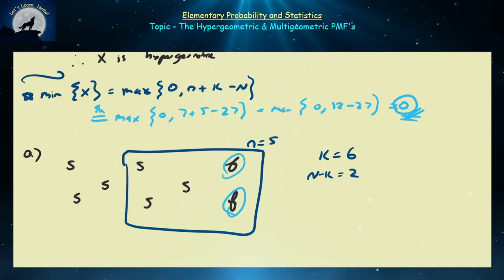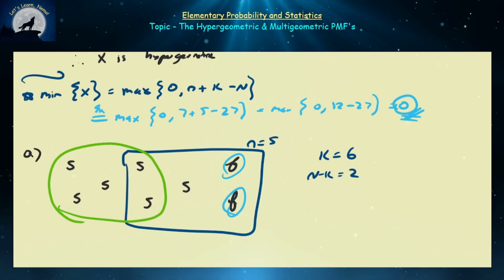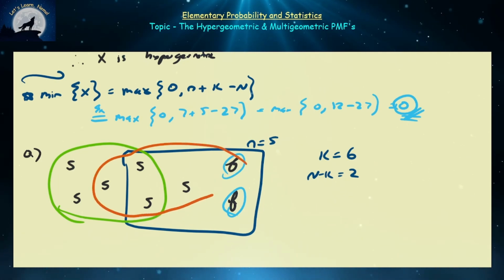But regardless of which sample of 5 that I do, for example, I could have done that group of 5, I could have done that group of 5. There's actually several groups of 5 that I could target here. All right, so 1, 2, 3, 4, and 5. Notice that it's not possible for me to have 0 successes within our sample because we do not have enough Fs to sort of destroy all of our sample.